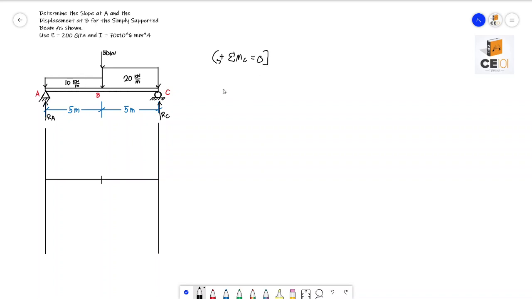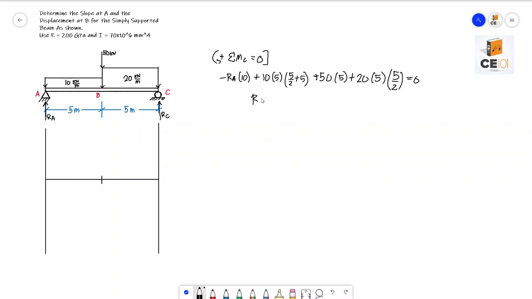So moments at C, we will have negative RA times 10, tapos yung 10 kilonewton meter, so 10 times 5 over 2 plus 5, then yung 50 kilonewton, so yung 50 times 5, then yung 20 naman, so 20 times 5, then yung moment arm 5 over 2. So makukuha natin is equal to 0 pa pala.